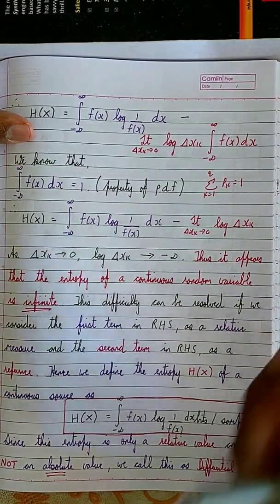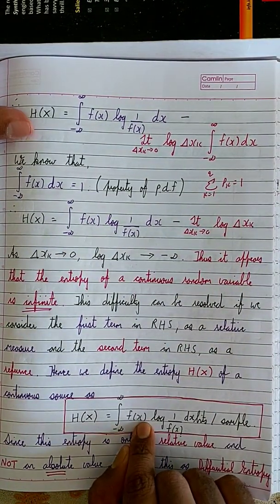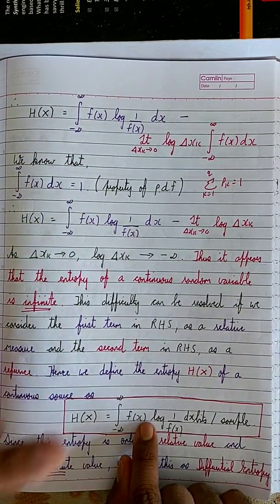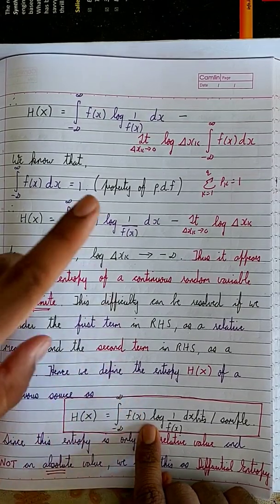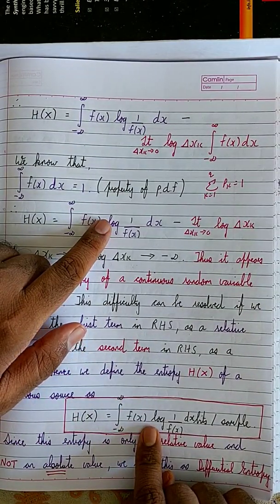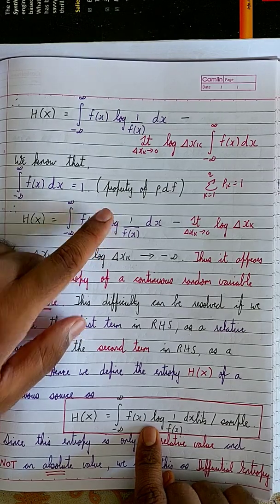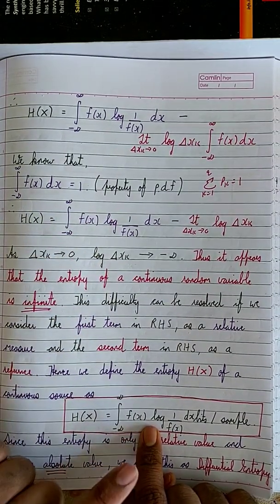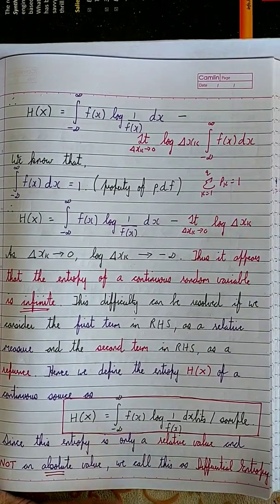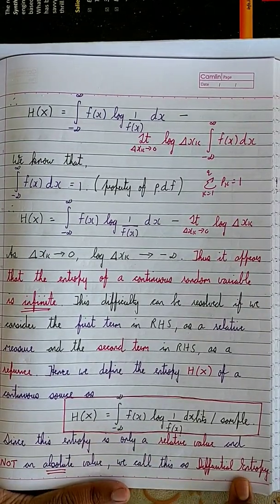Let me remind you that this entropy is not the exact entropy of a continuous time signal. The entropy of a continuous time signal is infinite. But since this is not an exact entropy, I'm giving it the name differential entropy.